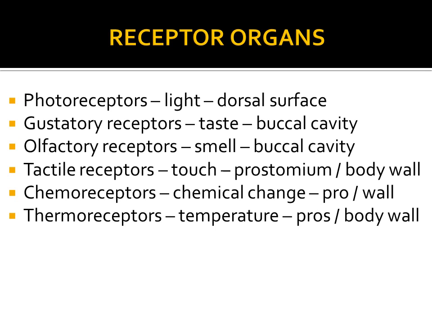Clear? And the next one, the tactile receptor. This tactile receptor is responsible for receiving the touch sense, and it is present in the prostomium as well as in the body wall. Where is this prostomium? Do you remember? When we talked about the digestive system, we said the first segment, the mouth, is there.